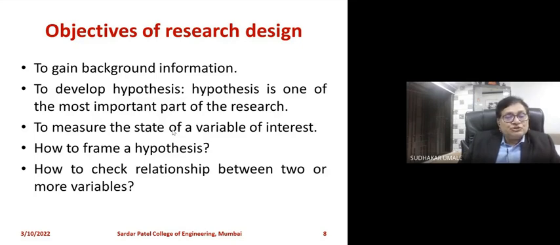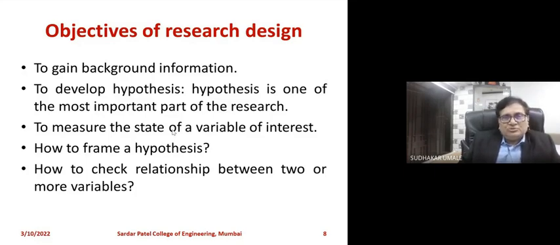Topics in this approach may also be of personal interest to the researcher. This is very important: how you design anything, and when you select any research topic of your interest. And hence, what exactly is the objective of research design that I want to explain.